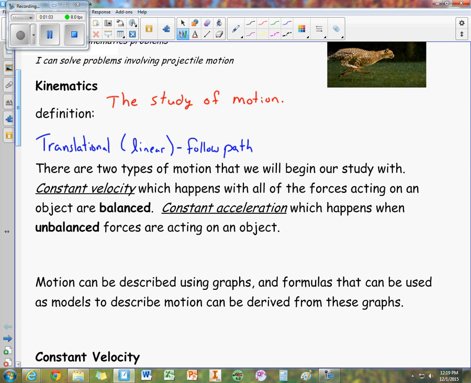The second type is rotational. And that's around an axis. Think about something spinning for rotational. This unit we're going to solely focus on translational, and the next unit will focus on rotational.